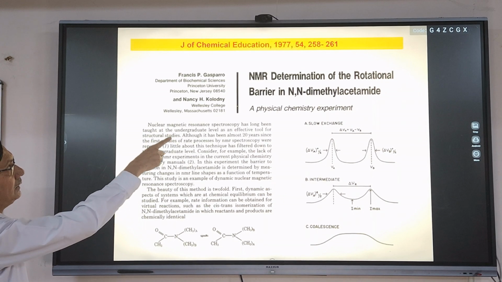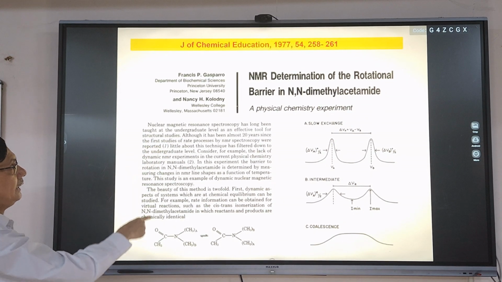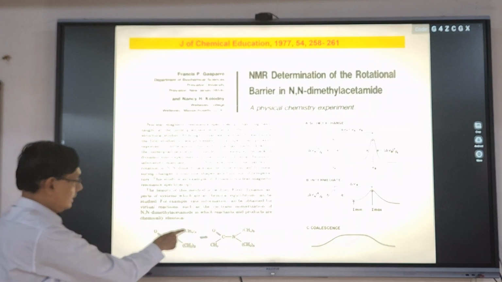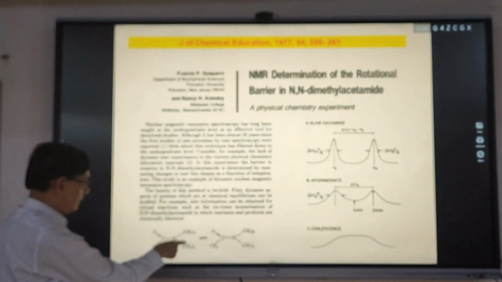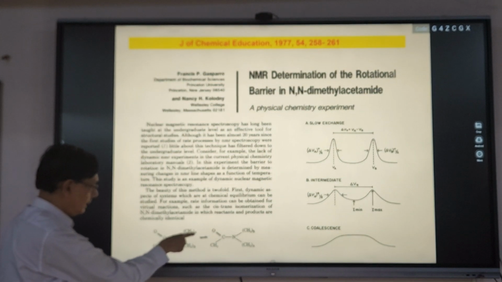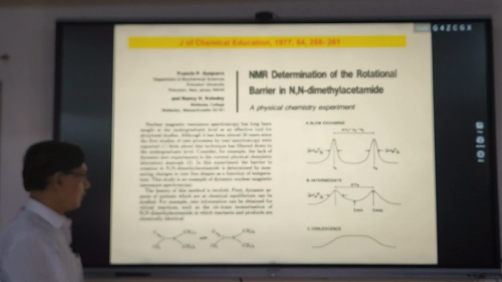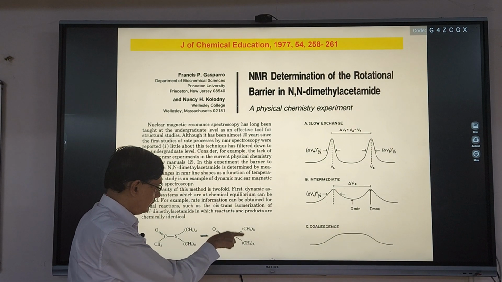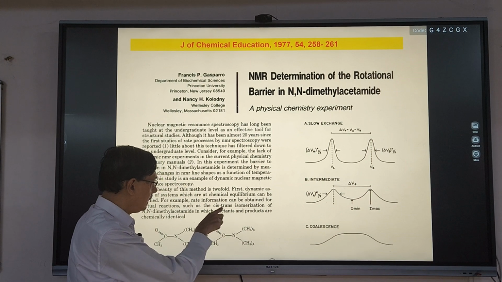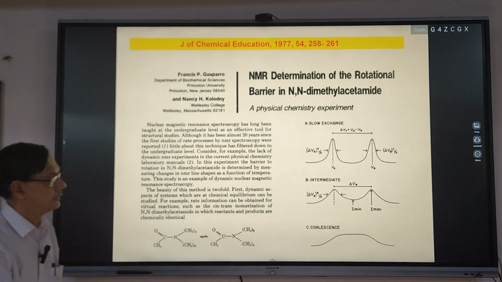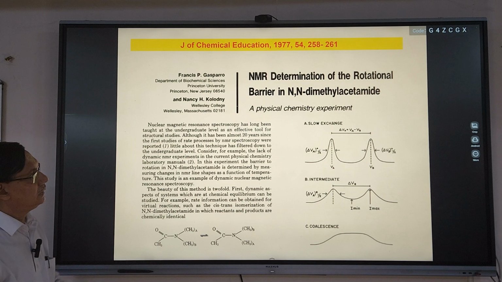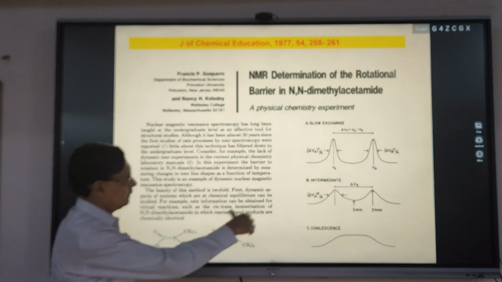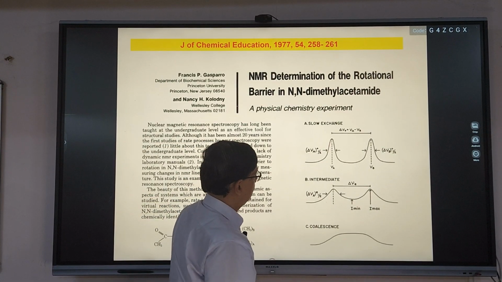So, NMR determination of the rotational barrier of N,N-dimethylacetamide. There are two methyl groups. Suppose this is A and this is B. After exchange, you see, it is a cis-trans isomerization type of reaction. And when we see the NMR spectra, we are getting different types of peaks.